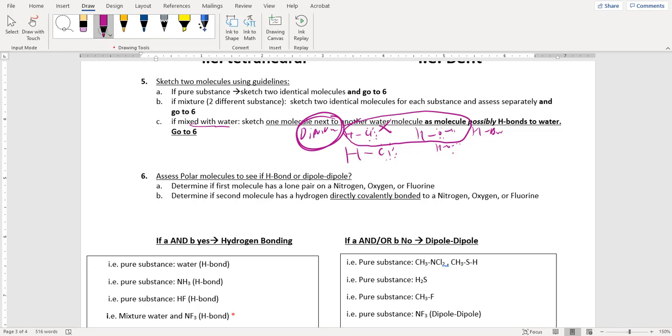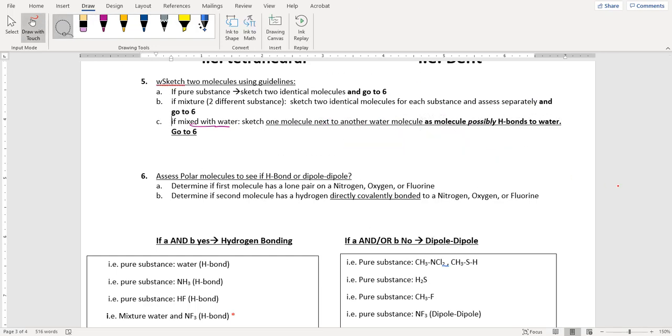Let's do another one. I could have a mixture of water with, let's see, OCl2 with H2O.